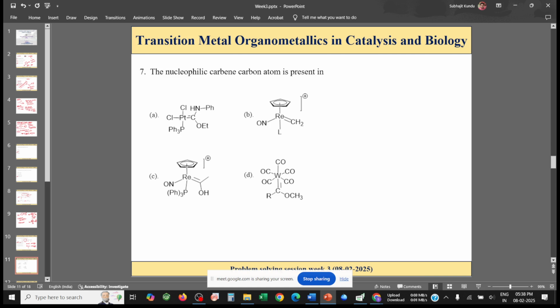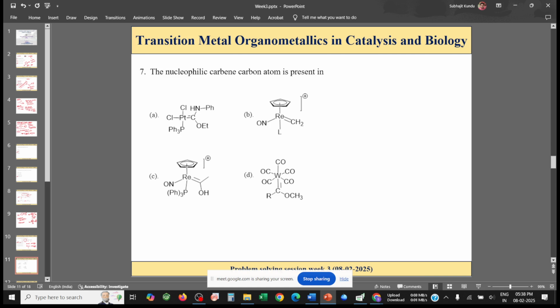But as we were saying in the last question, the nucleophilicity is why we have so many types of carbene, because the nucleophilicity of the carbene carbon is not the same in each type of carbene.